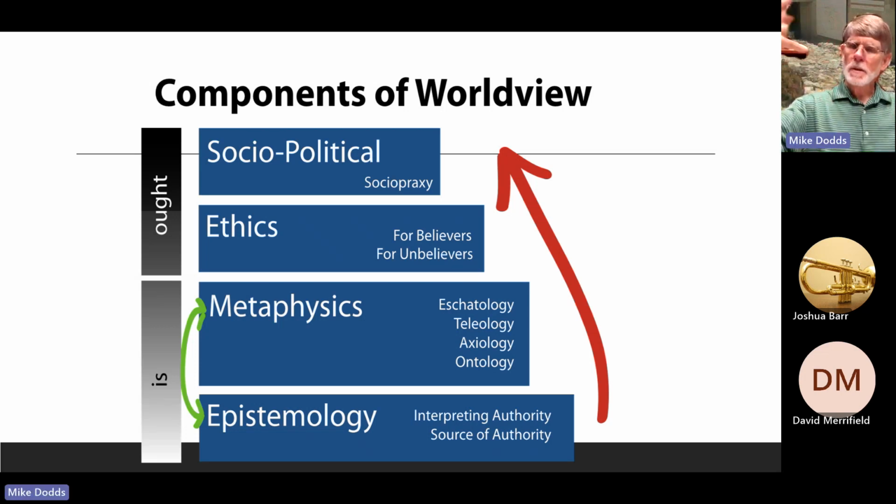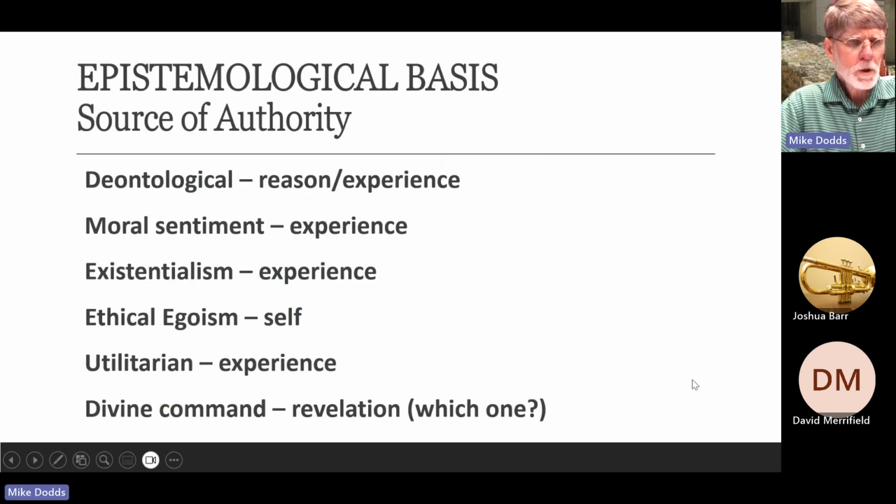And from those, then I'm going to make my ought, that which ought to be, that which I'm going to decide, and it's ethics and social-political praxis, that which we have on the broader scale. The ethics is on a personal level by this chart. Socio-political is in that broader cultural question that we have. A couple more slides, though.